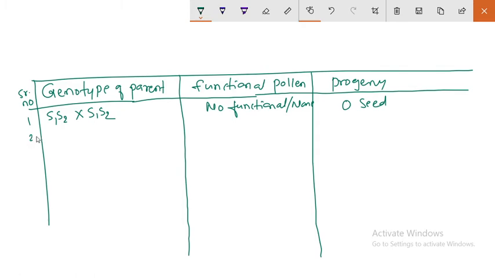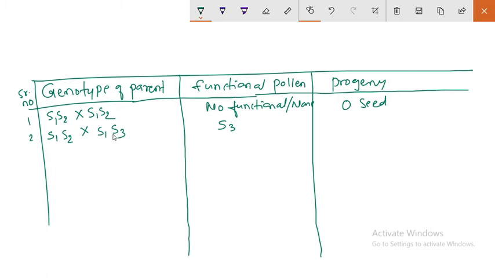The second case is where S1 S2 is crossed with an organism having S1 S3. Here the functional column is only S3, because S1 is common. The ovule has S2 and S3.